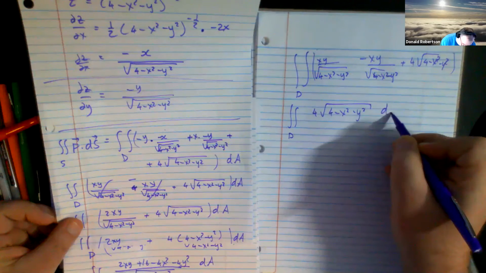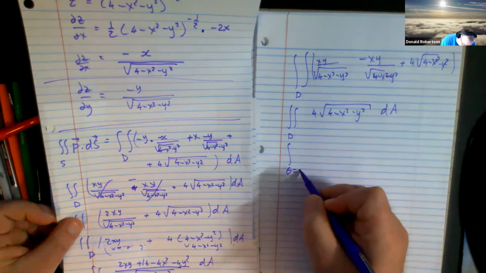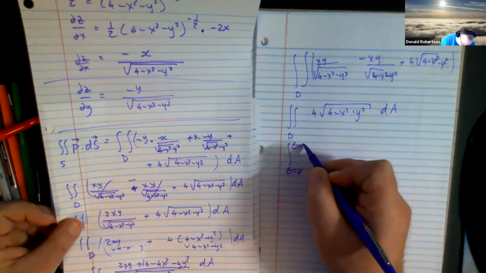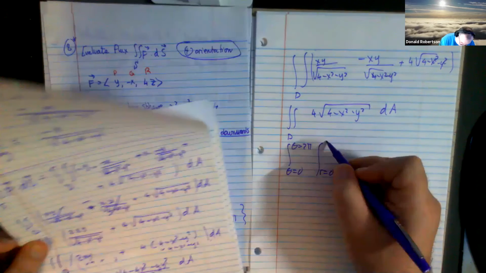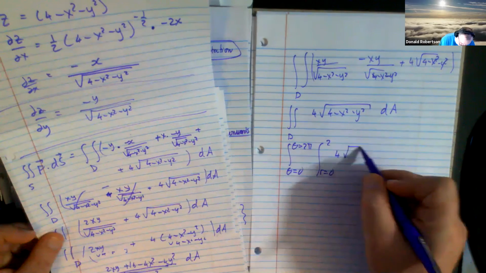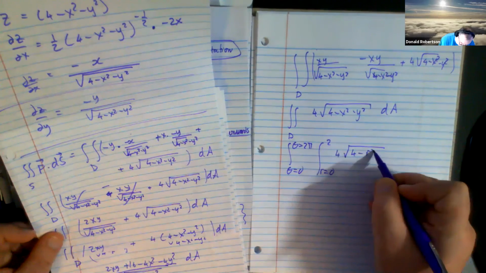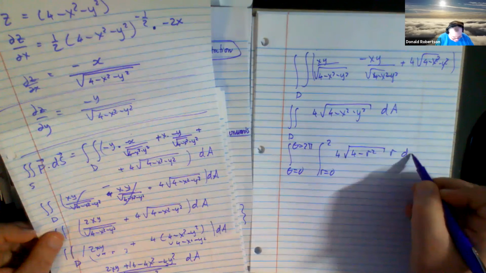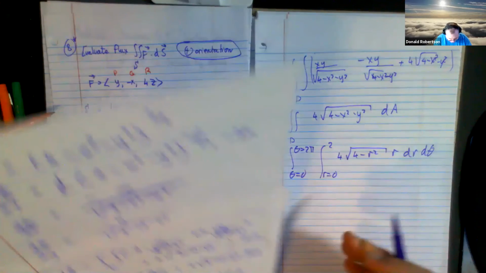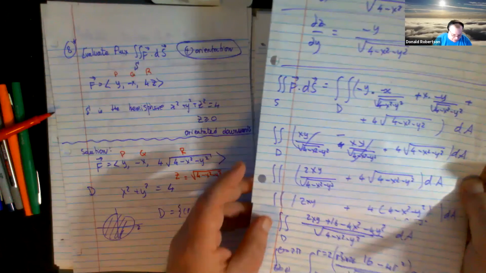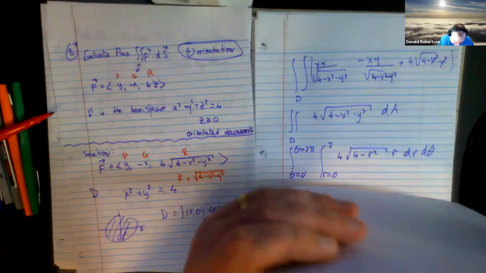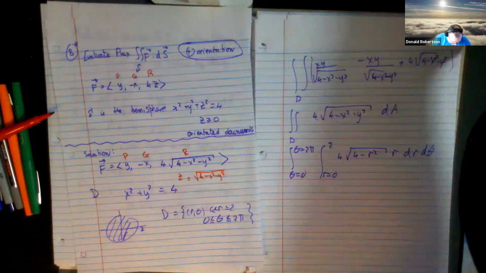It becomes theta equals 0 to 2 pi, r equals 0 to 2, 4 times the square root of 4 take away r squared, r dr d theta. So all that mess there, didn't even need it because the first two terms, one was plus and the other was negative, so they actually cancelled out.